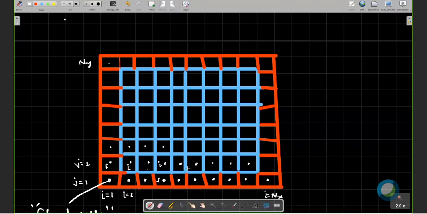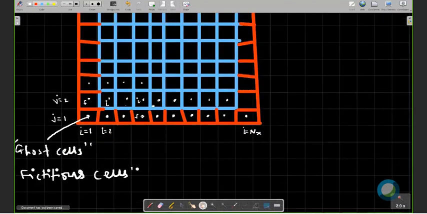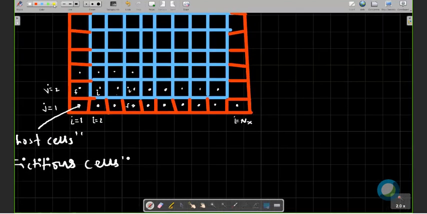Now suppose you have been given a velocity boundary condition. Suppose here at the lower wall you have to implement a boundary condition u equals 0, the lower boundary u equals 0. That is the no slip condition you want to apply at this boundary.